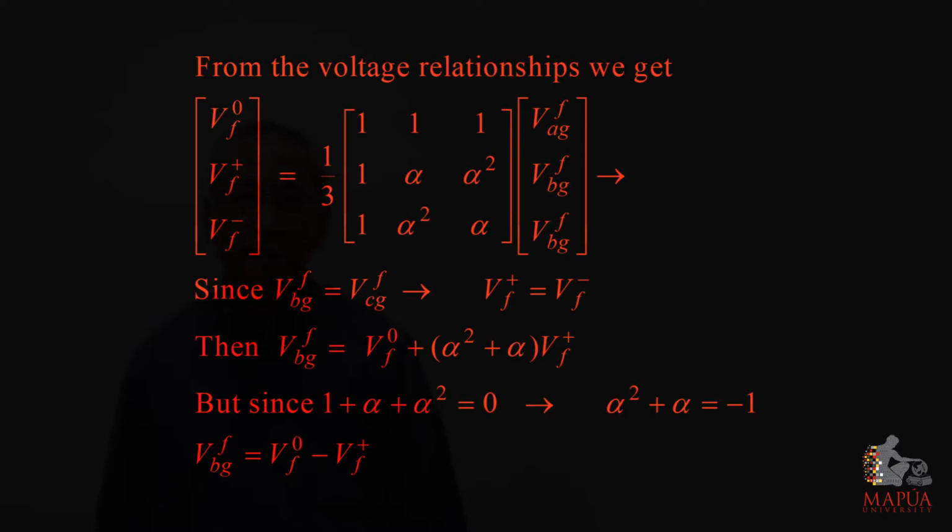VB is equal to the voltage at the fault at zero sequence plus the quantity A square plus A multiplied by the positive sequence voltage VF. But since 1 plus A square is equal to 0 and A square plus A is equal to -1, we can say that VB is equal to VF of the zero sequence minus the VF of the positive sequence.